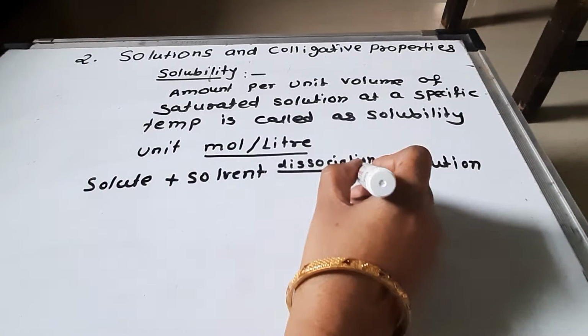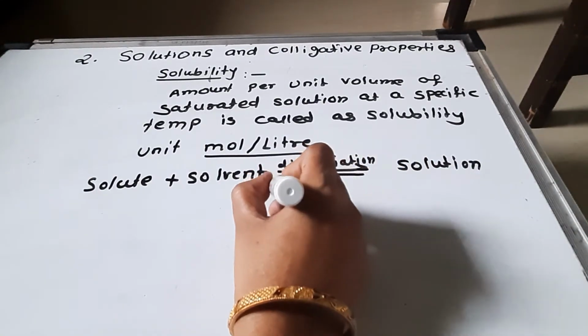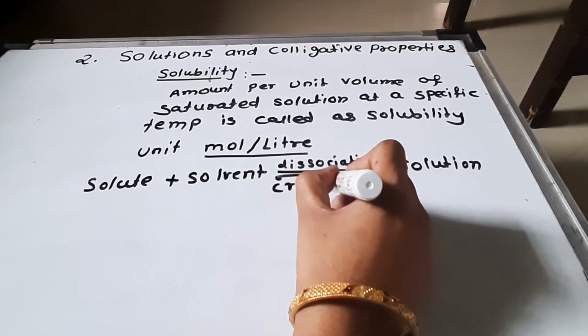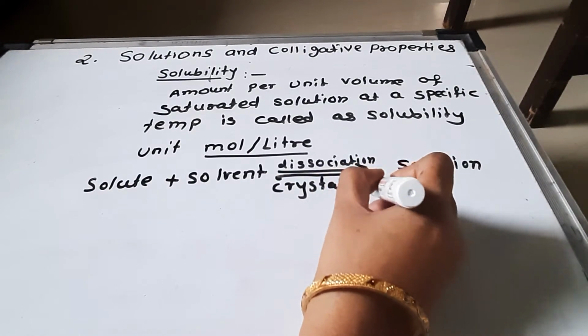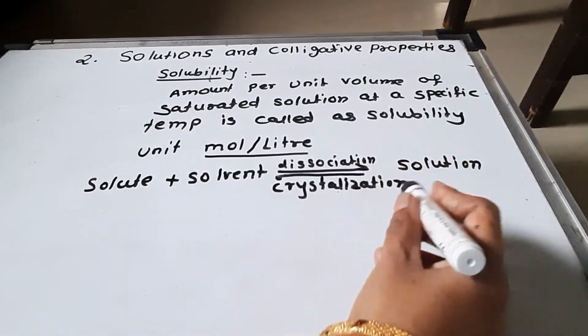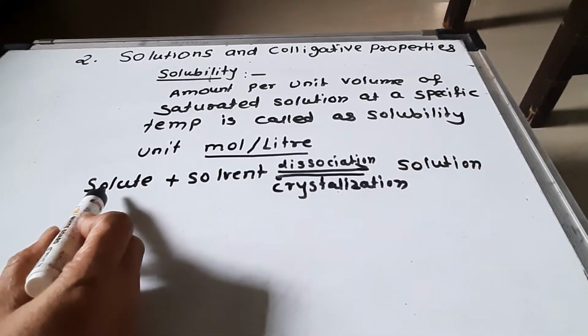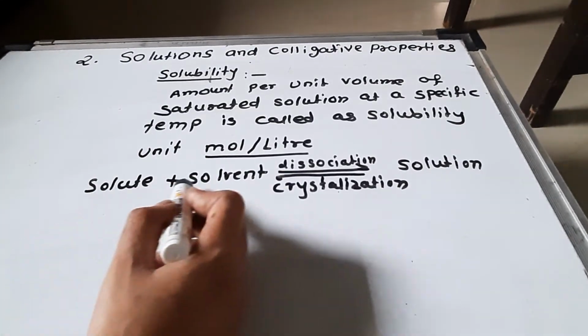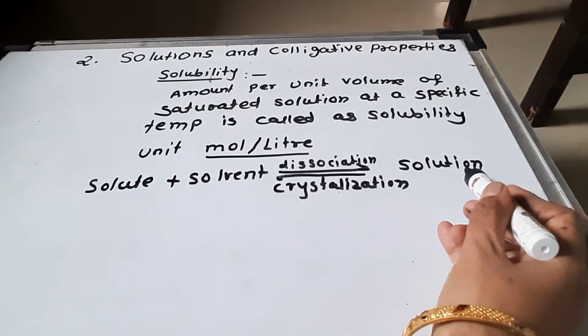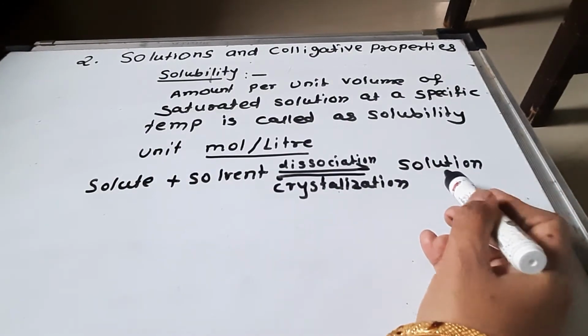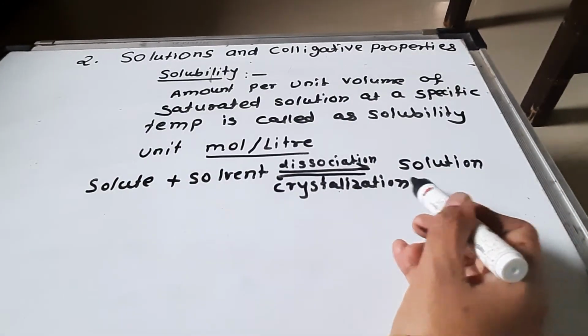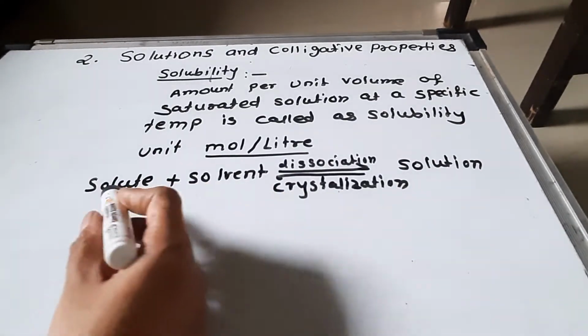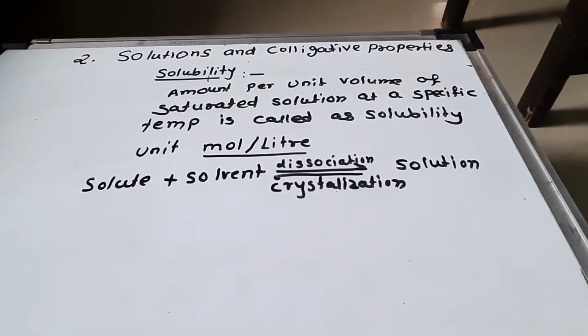And if the solution is crystallized, then it is a reverse process. On crystallization, we will get solute and solvent. If we mix solute and solvent, we prepare solutions. And if it is a reverse process and crystallization takes place, we get solute and solvent.